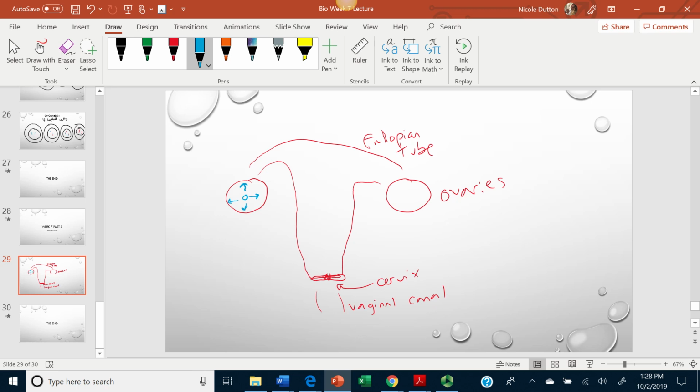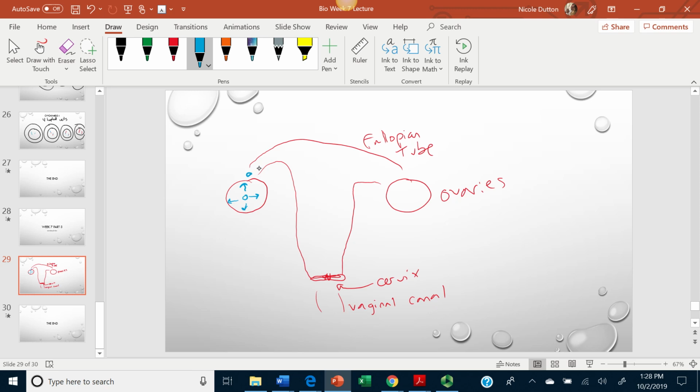So they're in these primary follicles in meiosis 1, then they go to secondary follicles and they are suspended in metaphase 2 of meiosis 2. By the time they're released from the ovary, through the process of ovulation, they're still in metaphase 2 of meiosis 2.